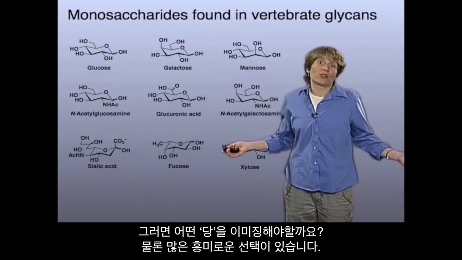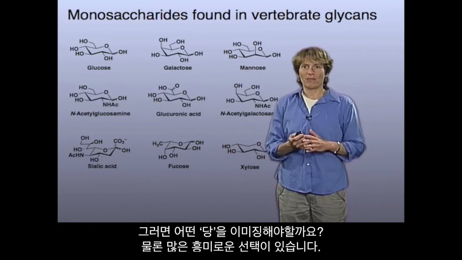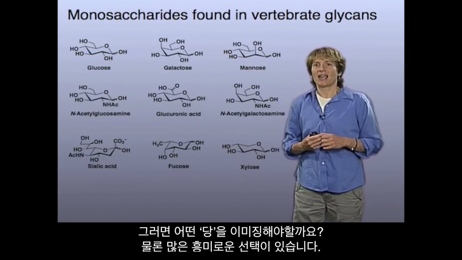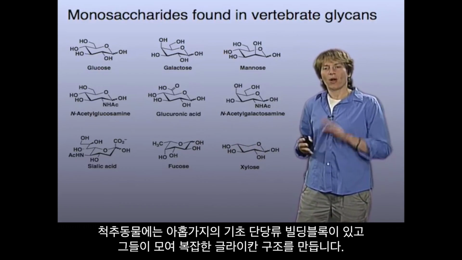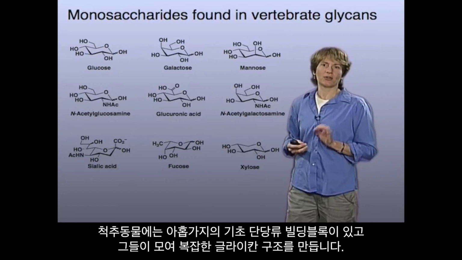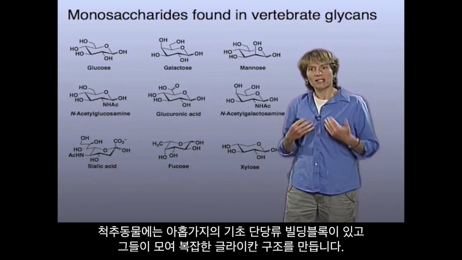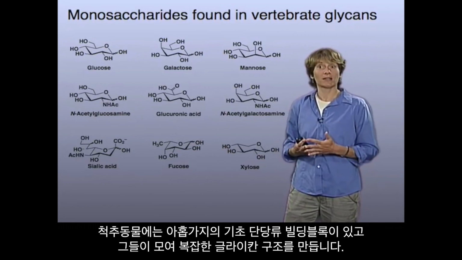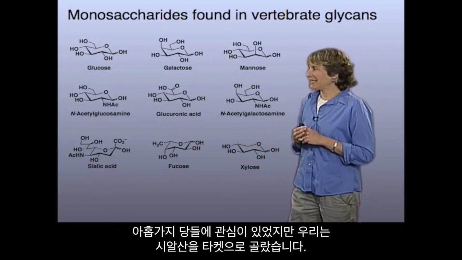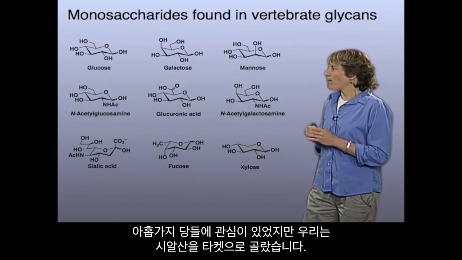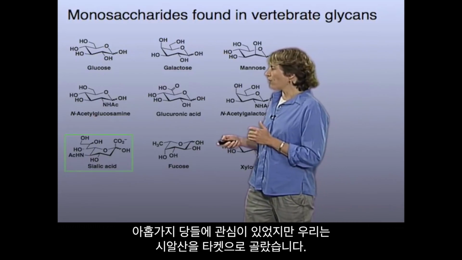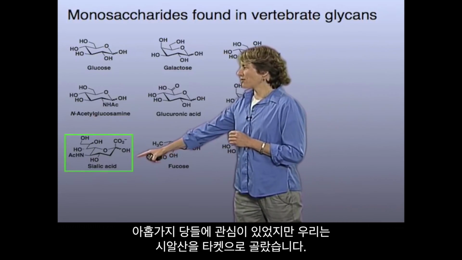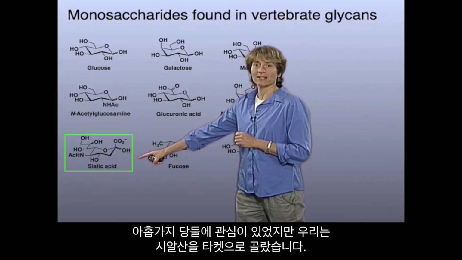So which sugars would you like to image? Of course, there are many interesting choices. And as I introduced in my first lecture, in vertebrates there are 9 fundamental monosaccharide building blocks that are the constituents of our various glycans. They're all interesting in their own right, but when we were thinking about what sugar we would like to image, we were naturally drawn to this monosaccharide called sialic acid.